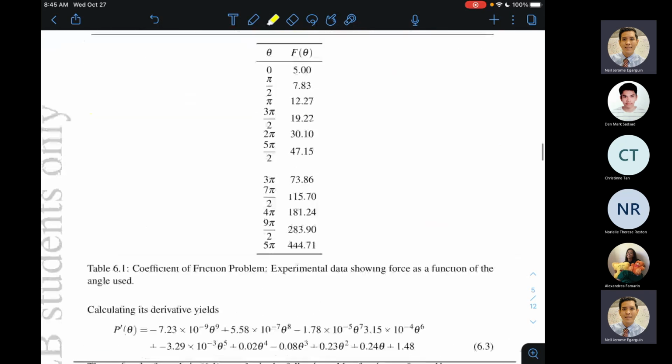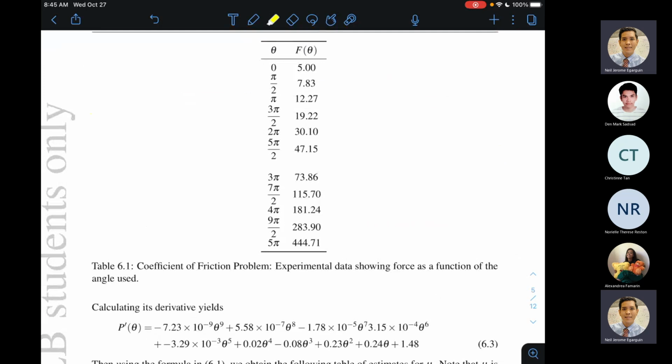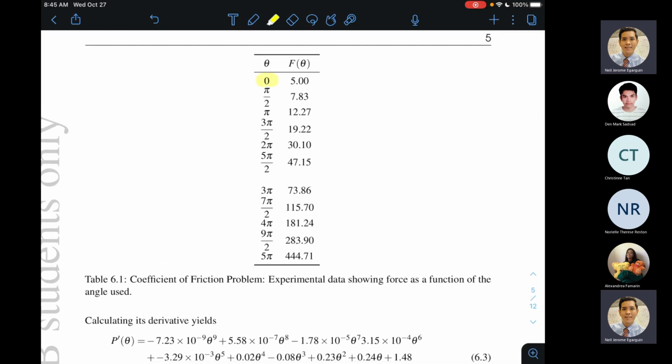For example, I do an experiment and get data similar to what is in Table 6.1. It says here that, for instance, if the angle between the post and the restraining force is 0 degrees or 0 radians, then the force required to overcome the restraining force is 5 newtons.